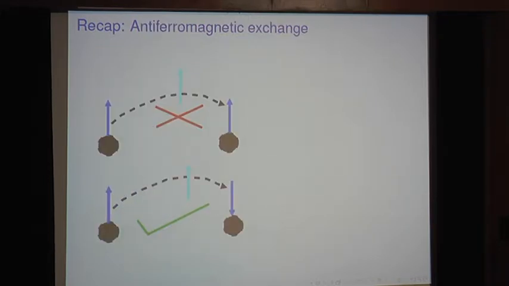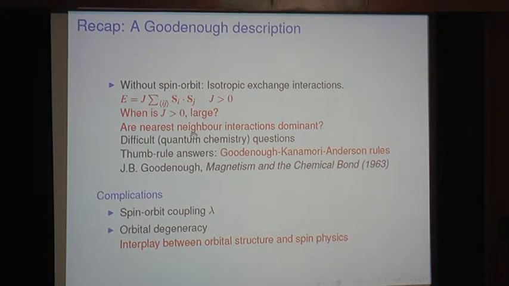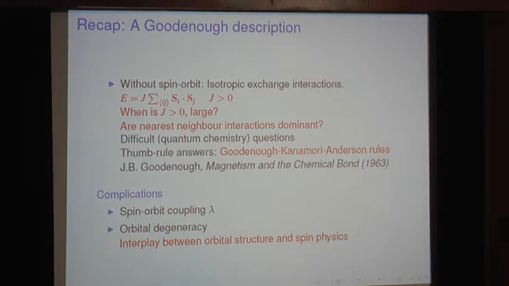This is correct if you have exactly one orbital per site and strong repulsion. But in general, in any particular experimental material, you do not really know what J is by a first principles calculation often. But there are some thumb rules which go under the name of Goodenough, Kanamori, Anderson rules, which tell you when J is positive, when it is large, when it is ferromagnetic, when it is very weak, things like that, which we do not go into here.